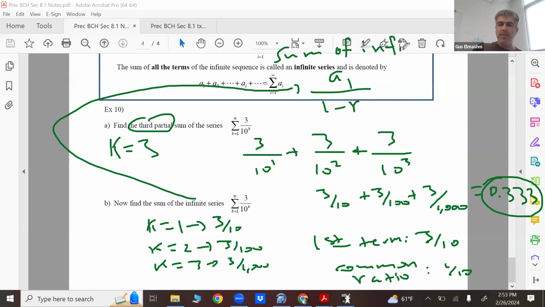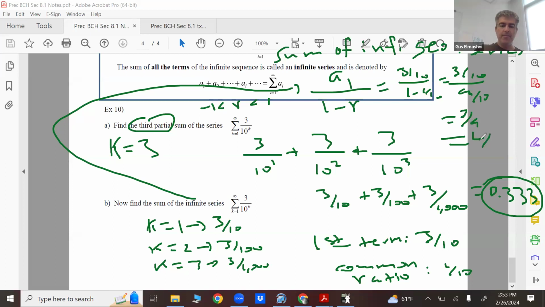The sum of an infinite geometric series is the first term divided by 1 minus r, assuming r is between -1 and 1, non-inclusive. My first term is 3/10. My common ratio is 1/10. What's 1 minus 1/10, guys? 9/10. Thank you, Adi. If I simplify that, I get 3/9 or 1/3.